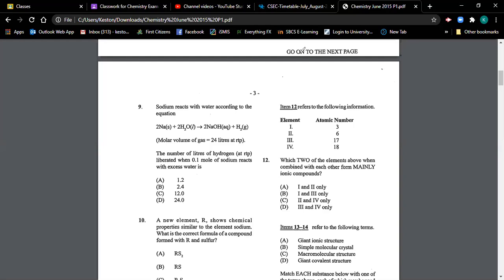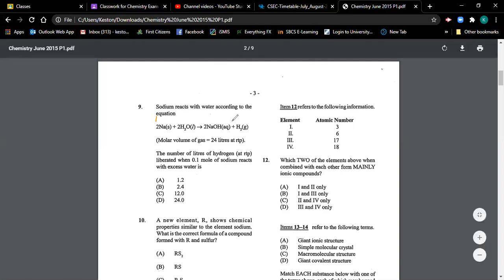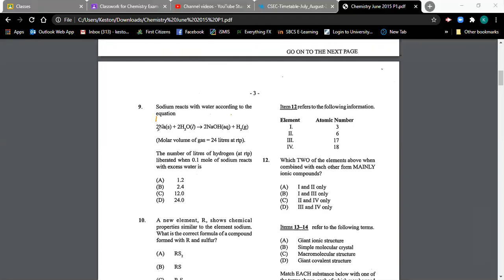Right, so what we have here is the number of liters of hydrogen gas at room temperature liberated when 0.1 mole of sodium reacts with excess water. As it is here, 2 moles of sodium gives me 1 mole of hydrogen, so 2 to 1 is the ratio. So 1 mole of sodium, if I move this across, will give me half a mole. So it's a 1 to 0.5.